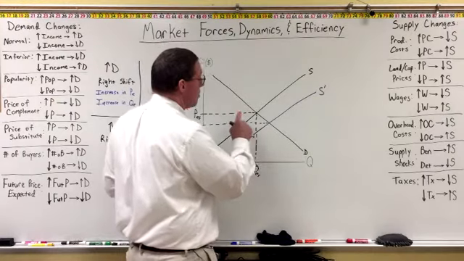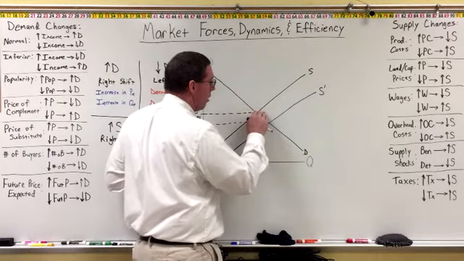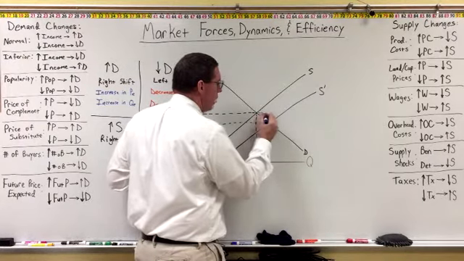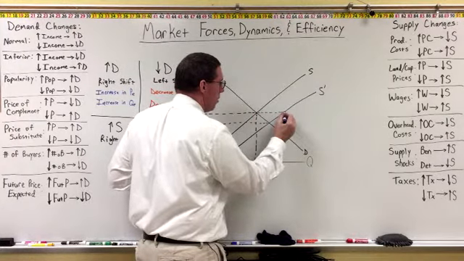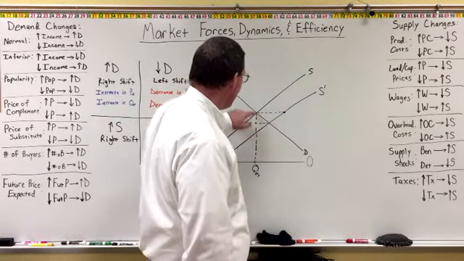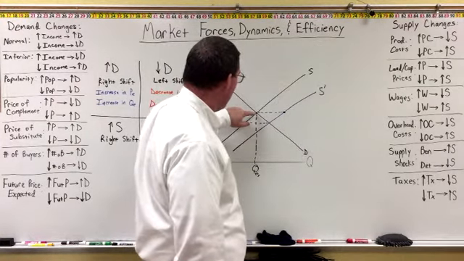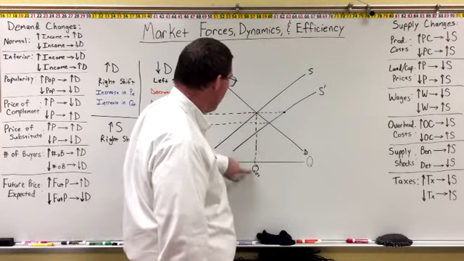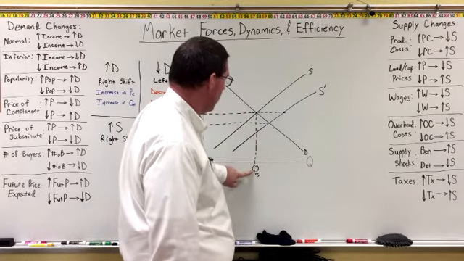If we stayed at the original price up here, suppliers would take advantage of the situation and just keep producing. They would increase their production. But demanders would say, hey, at that price, why are you making more stuff? We still want to buy this amount.